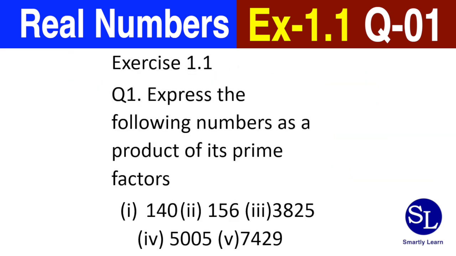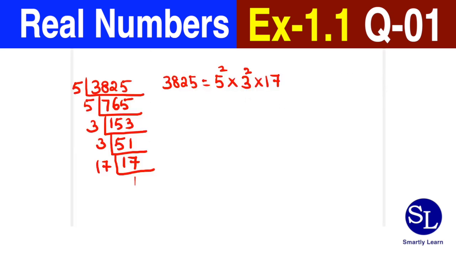Now let's take the next number, 5005. Since this number ends in 5 again, I'm going to divide 5005 by 5, which fetches a 1001. Now this number will be divisible by 7. So 7 when divides 1001, it gives you 143.